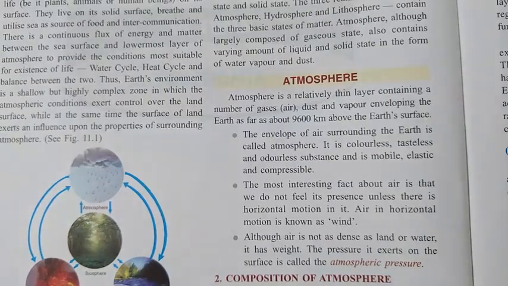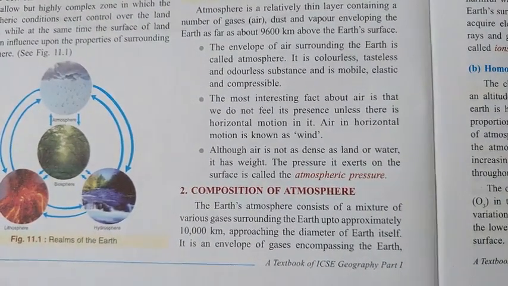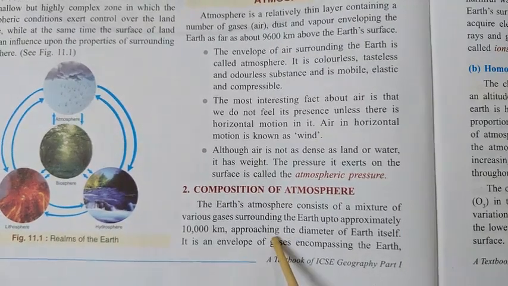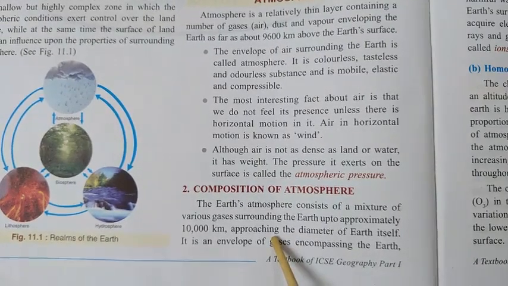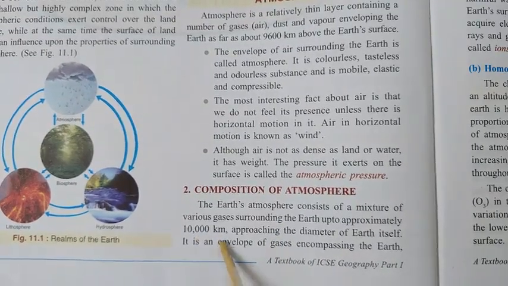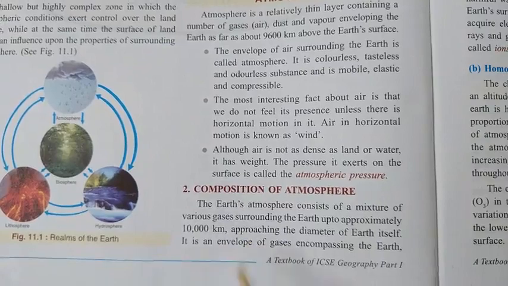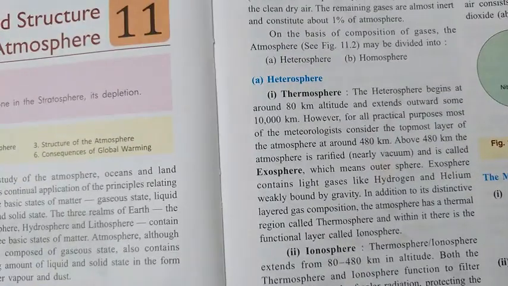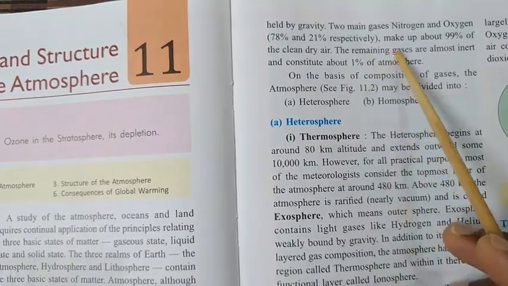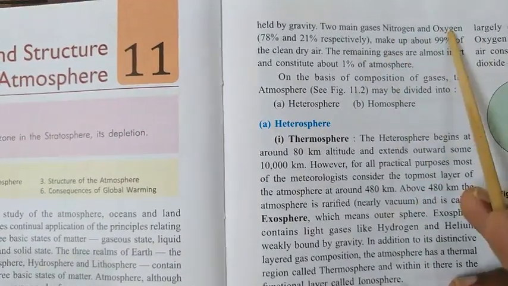Well, next we move to the composition of the atmosphere. Composition means which types of gases together form the atmosphere. This atmosphere is found up to a height of 10,000 kilometers around the earth. The most important gases found are nitrogen and oxygen.